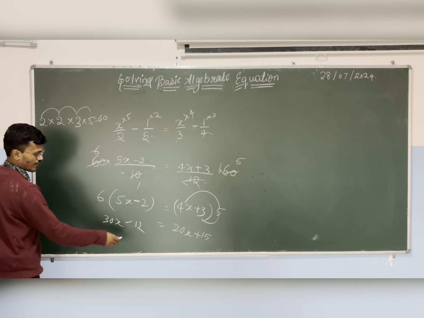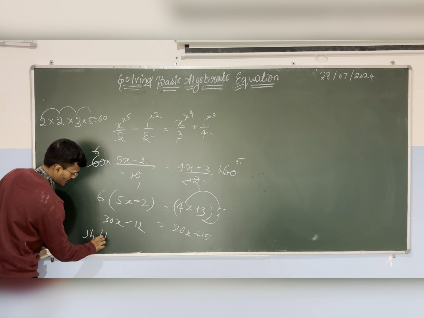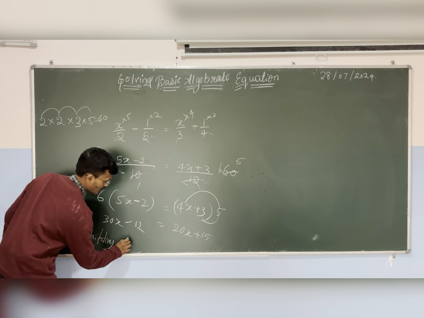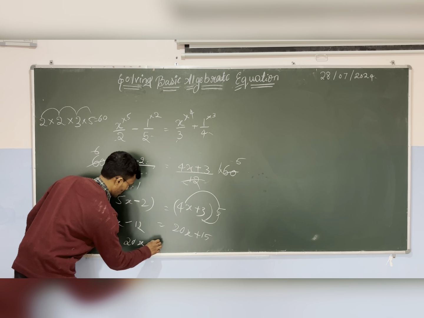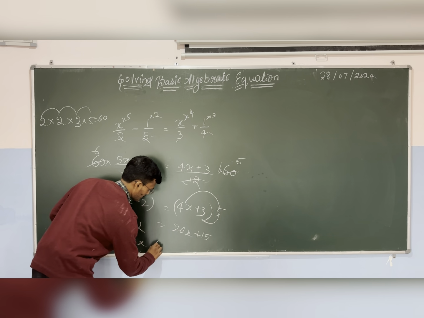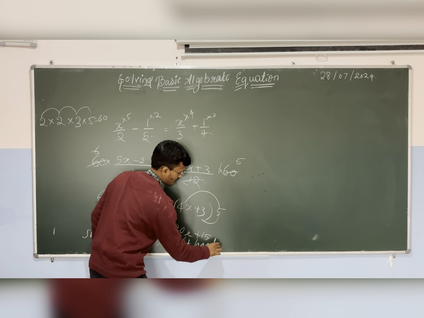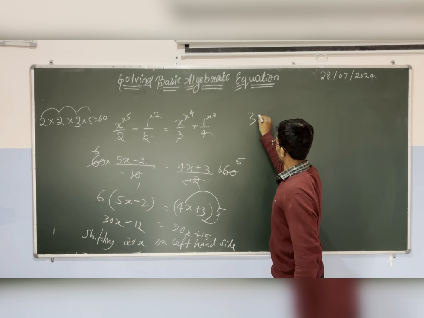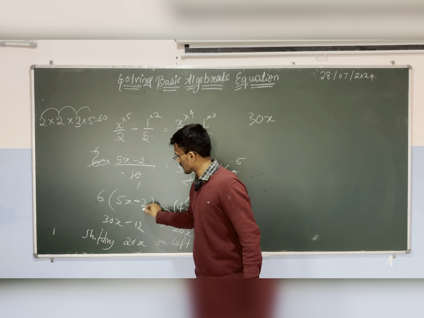So shifting the 20x on the left hand side. 30x plus 20, it is shifted into the left side.